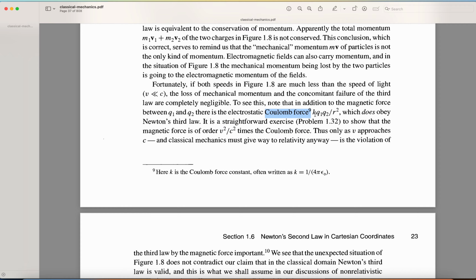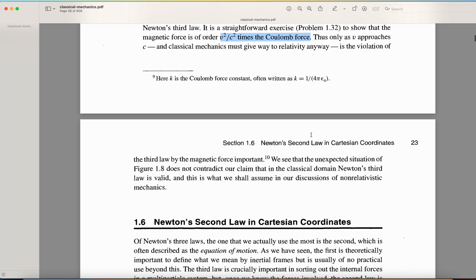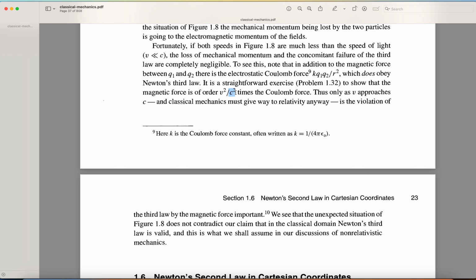But if the Coulomb force is significant and v is close to c, then the magnetic force would also be significant, around the same as the Coulomb force. But since c is about 3 times 10 to the 8th meters per second, any velocity we see in daily life would be negligible compared to that.